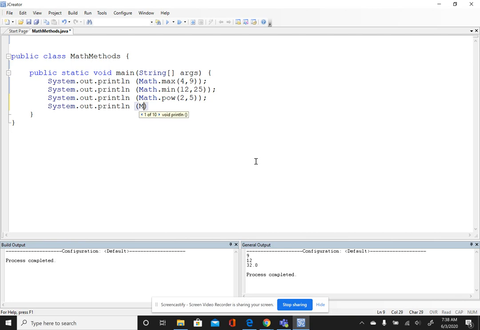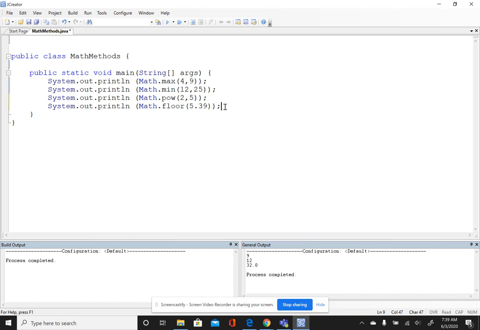Then we have also the floor. It accepts one argument. Let's say we have 5.39. 5.39 is between 5 and 6. So the floor is 5 and ceil is 6.